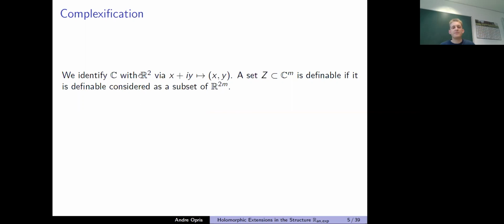At first, I mention what it means to be definable in the complex setting. So here we have to set up this map. We identify the complex numbers with R^2 via this canonical map. And then we say that a subset of C^m is definable if it is definable considered as a subset of R^{2m}.